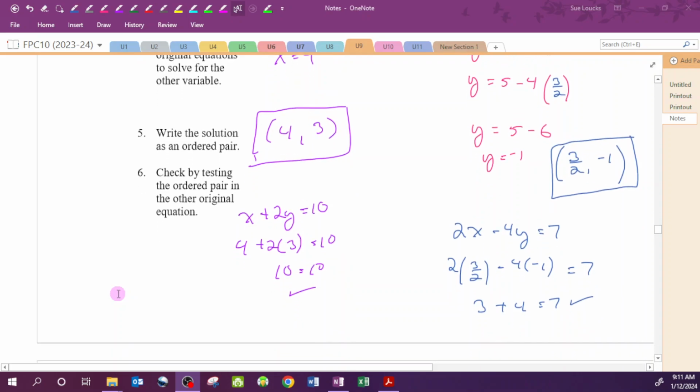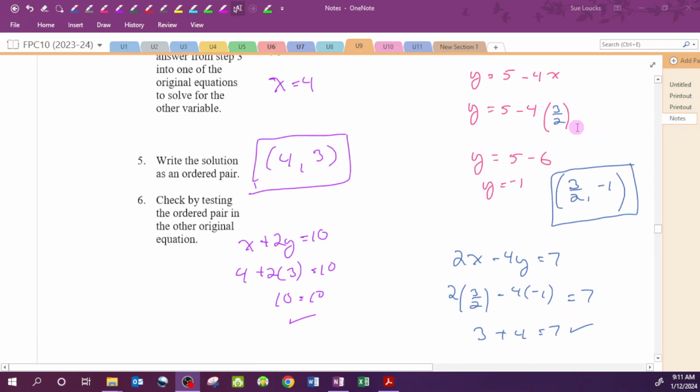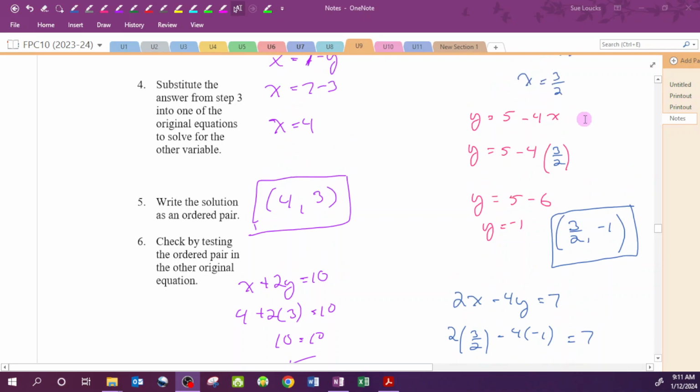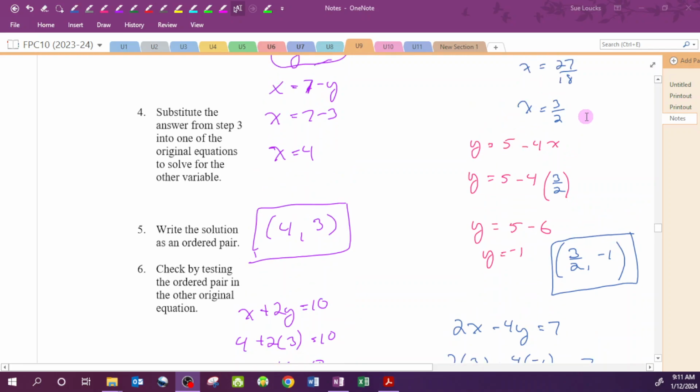Now one thing I didn't mention before is that it's absolutely essential, critical, that when you use one equation to find your second value, you use the other equation to confirm your values. We used the two equations together to find the first value, which in this case was the x. We used equation 1 to find the value for y.